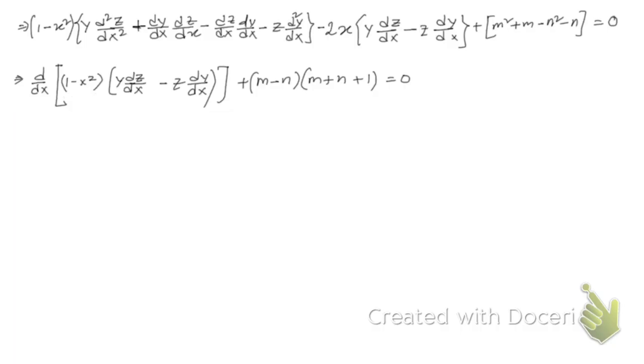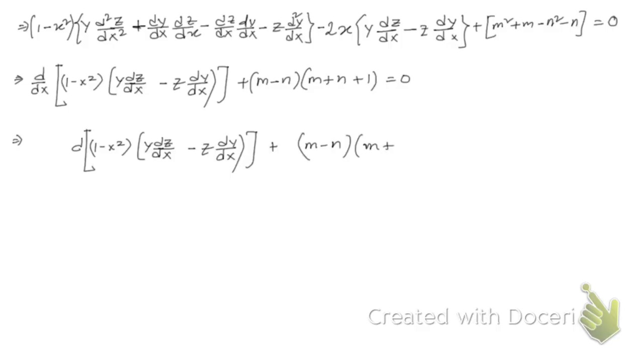So now you see, from here what we're going to do now, we're going to integrate it from -1 to +1. Let me integrate it from +1 to -1, then you can write it this way. Derivative of this part, plus m minus n, m plus n plus 1 dx is equal to 0 in dx, right?